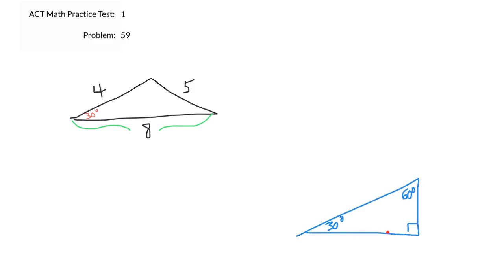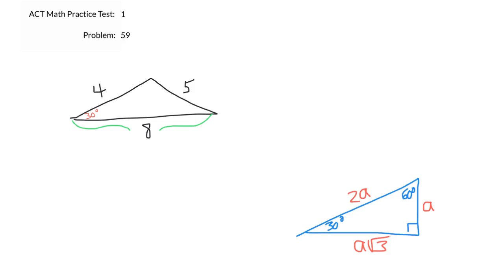And this right triangle is always such that the short leg is some number, we'll call it A. The hypotenuse will always be twice that. We'll call that 2A. And this longer leg will always, always, always be A radical 3.